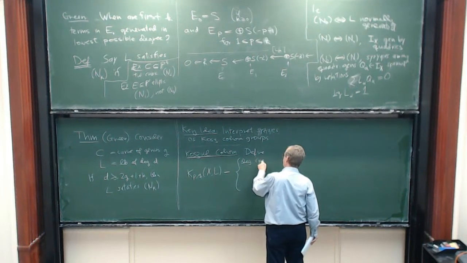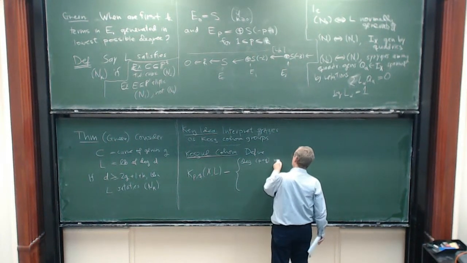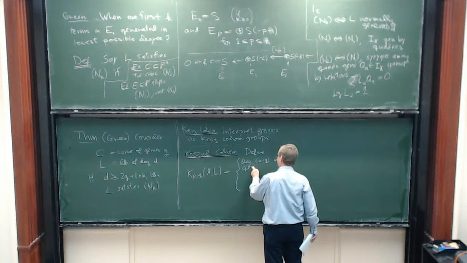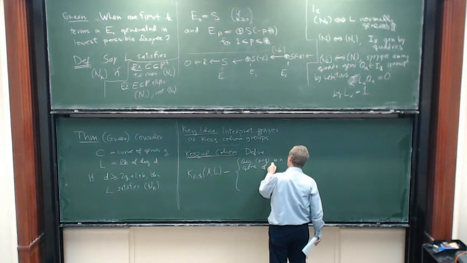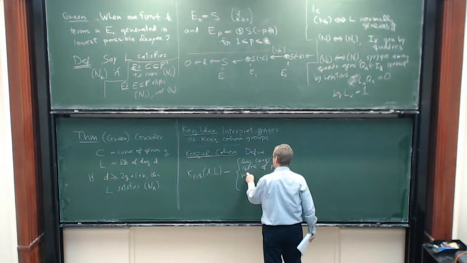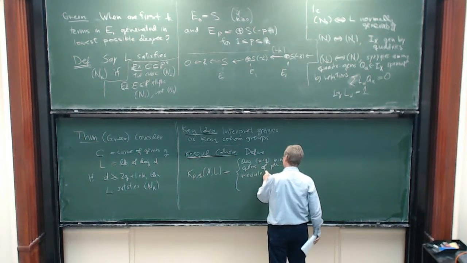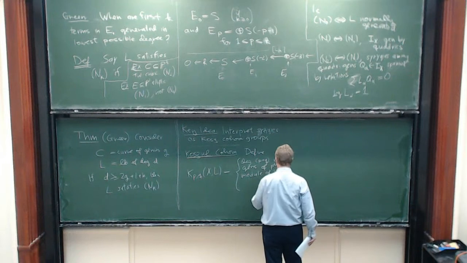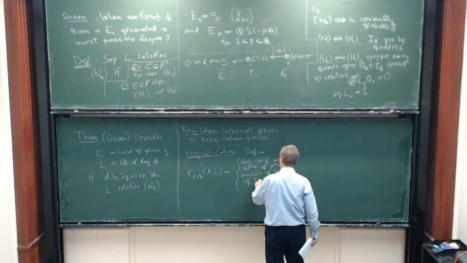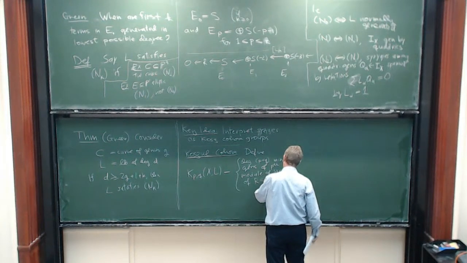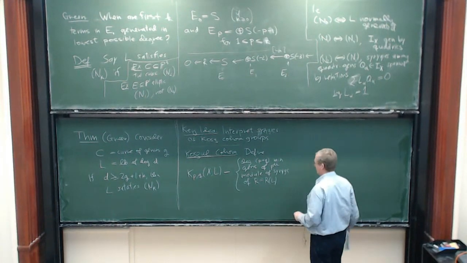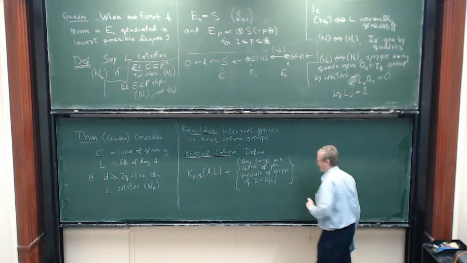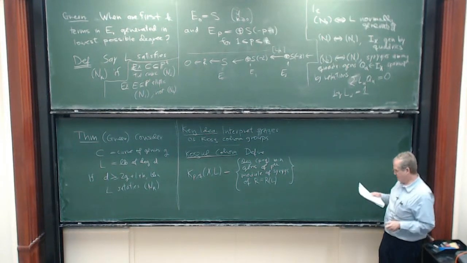of the Pth module of syzygies of this ring R. And this is a finite dimensional vector space.